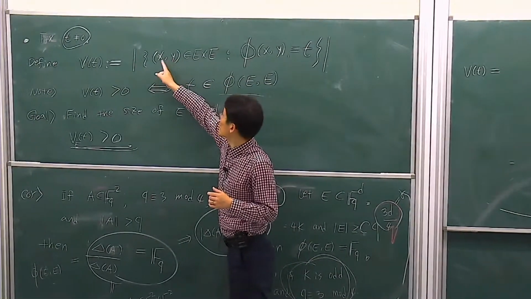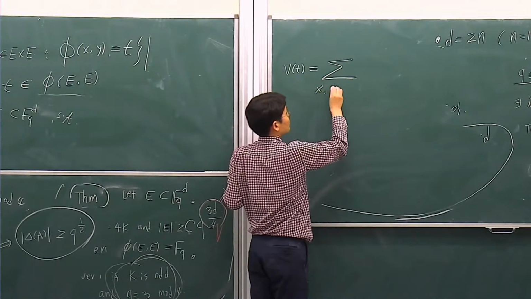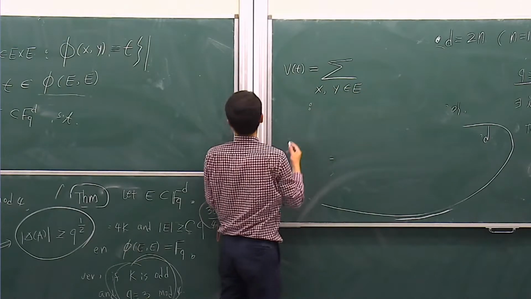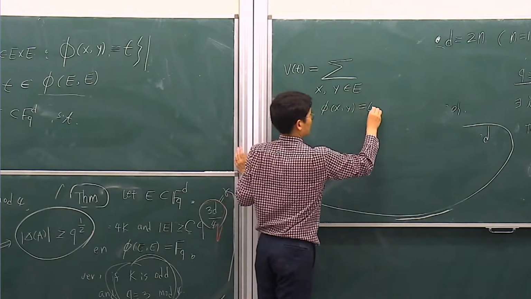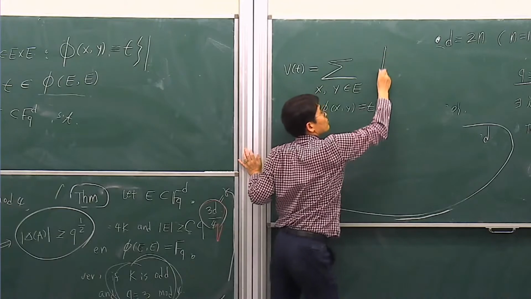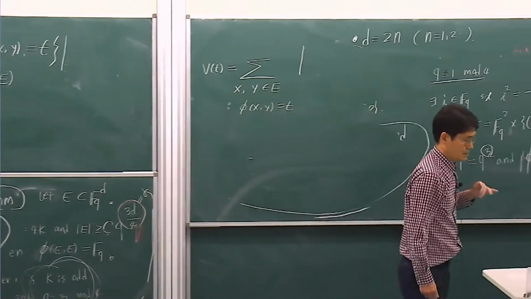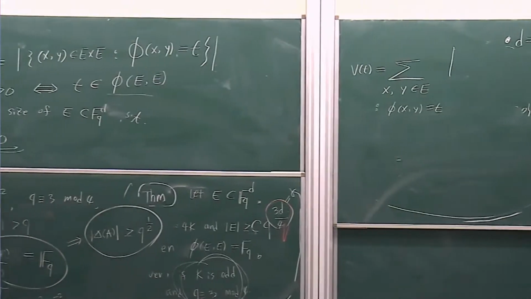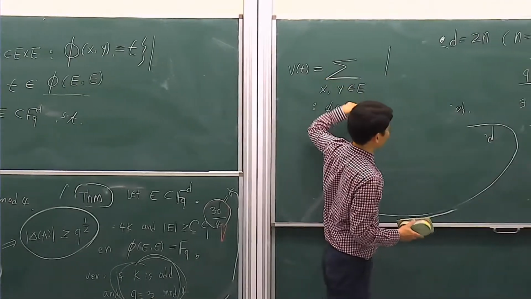We want to count this pair, so we sum over x, y in E with some condition. If x, y satisfies this condition, we count 1, otherwise it's 0. This is nothing but a set. We can do that, but this is like mathematical summation, and still this is ugly.